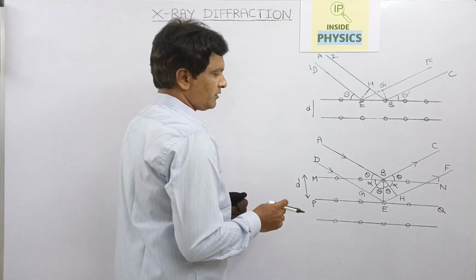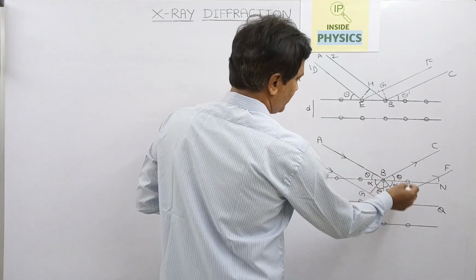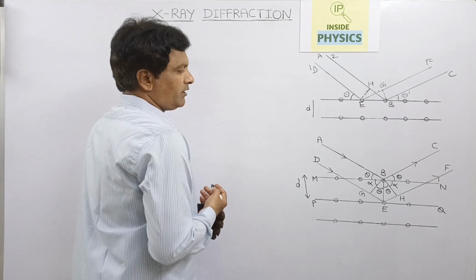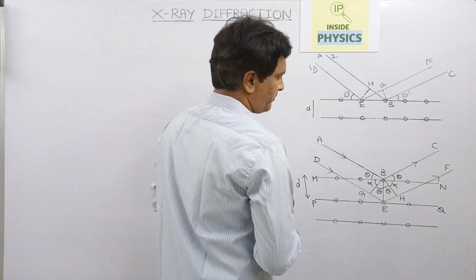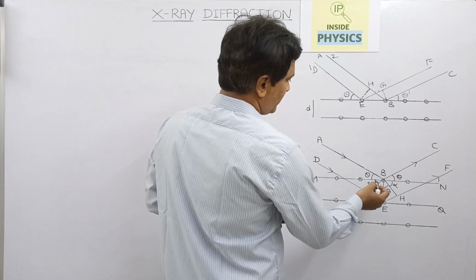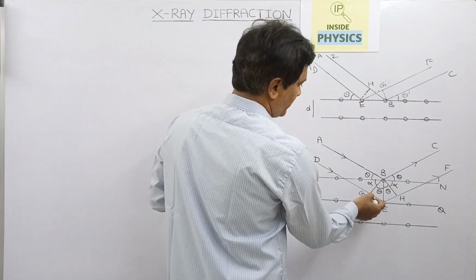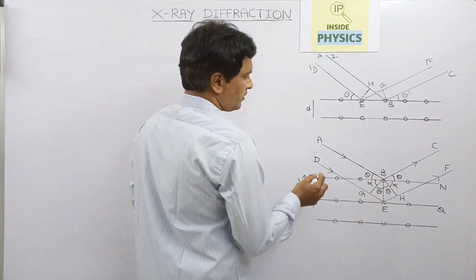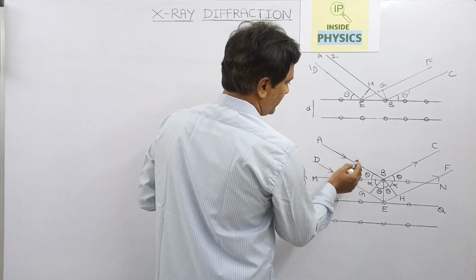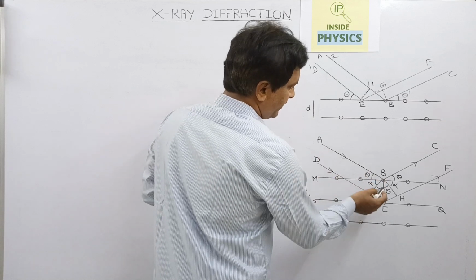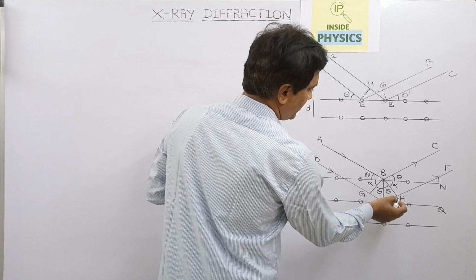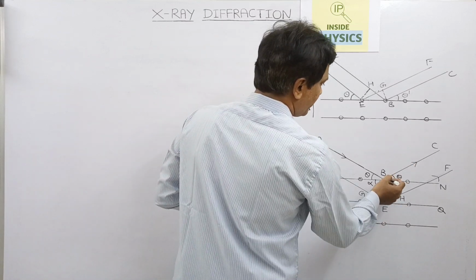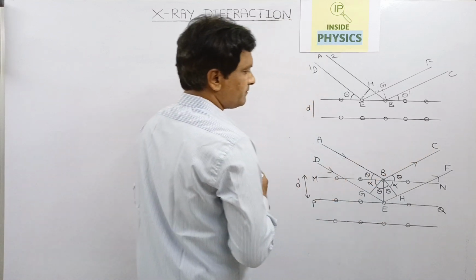If you observe some angles in this diagram, we will understand what the angles are and what the perpendiculars drawn here are. BG is a perpendicular drawn to the incident X-ray AB, and BH is the perpendicular drawn to the reflected ray BC.